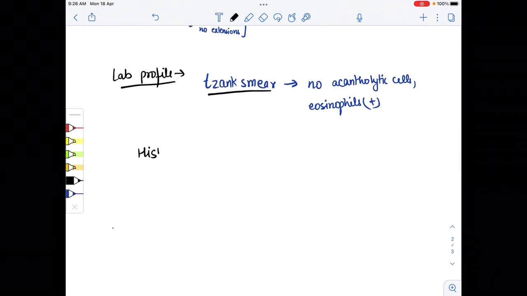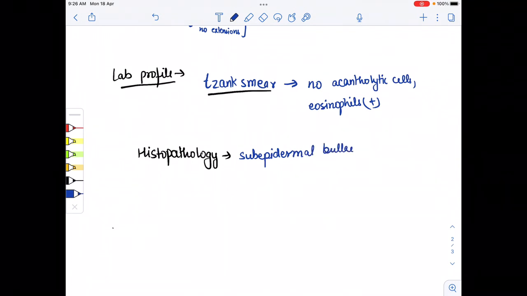Now on histopathology, we can see subepidermal bullae, subepidermal because it involves the layer below the epidermis, that is subepidermal bullae with eosinophils.